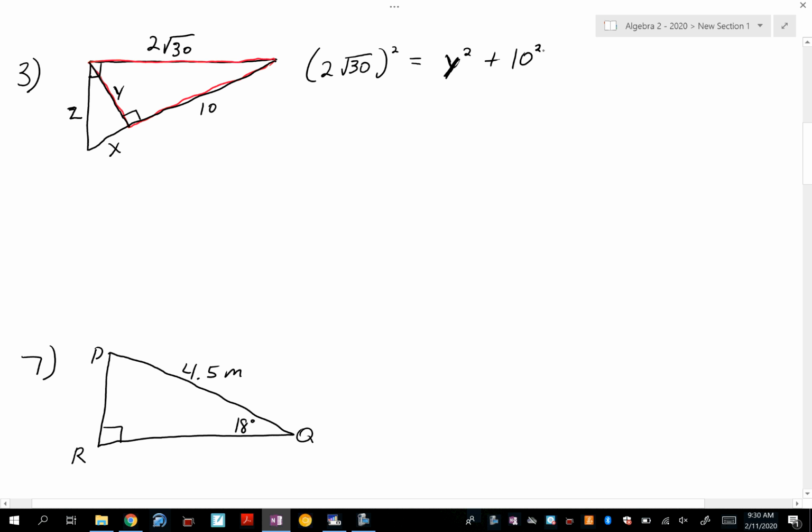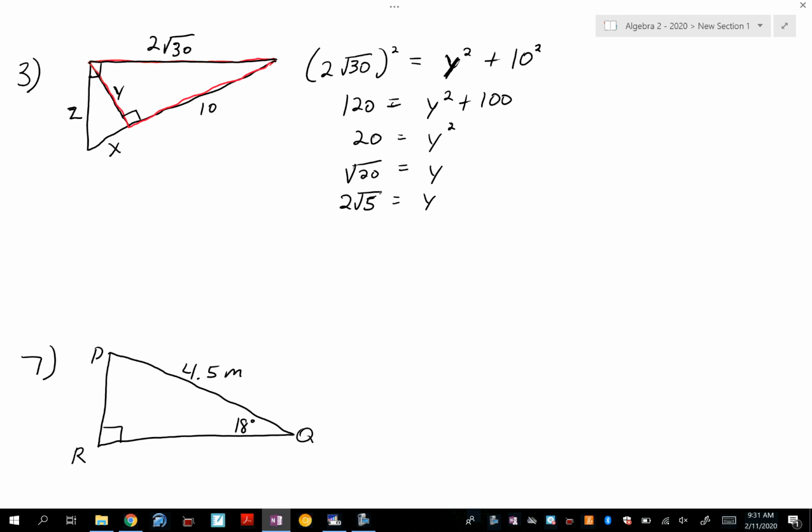So 2 times the square root of 30 squared is 120, which equals y squared plus 100. So y squared is equal to 20. So y equals the square root of 20. If you reduce the square root of 20, you get 2 times the square root of 5.